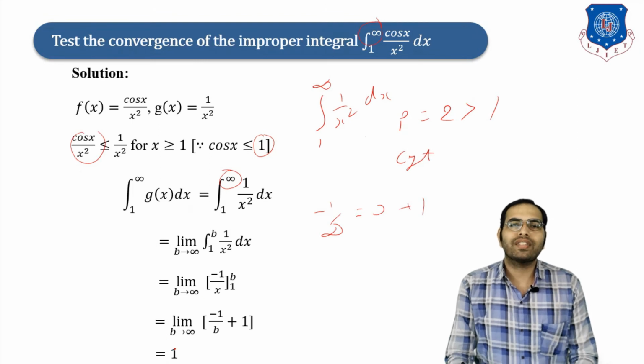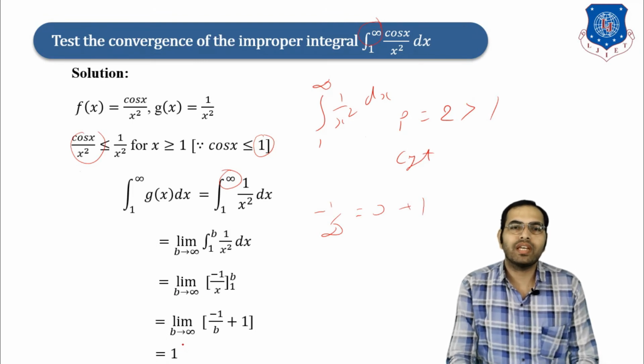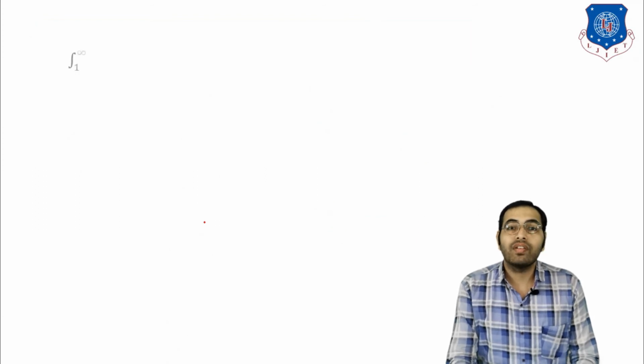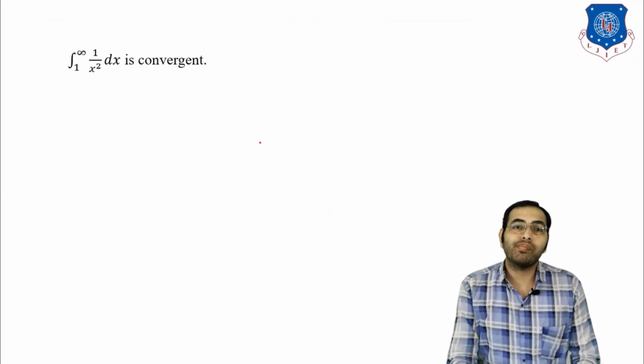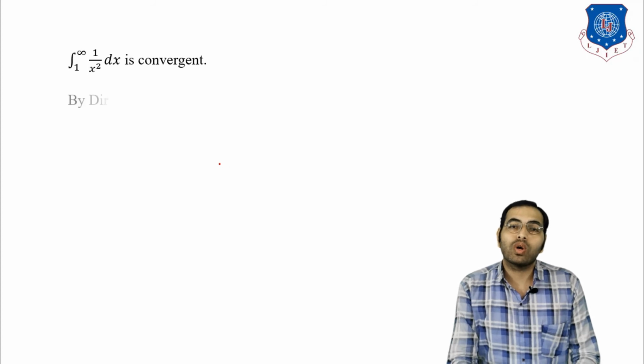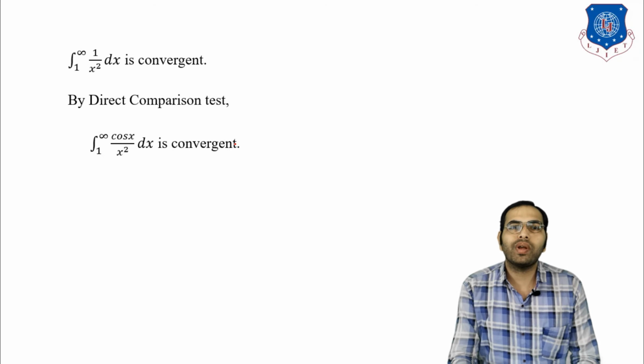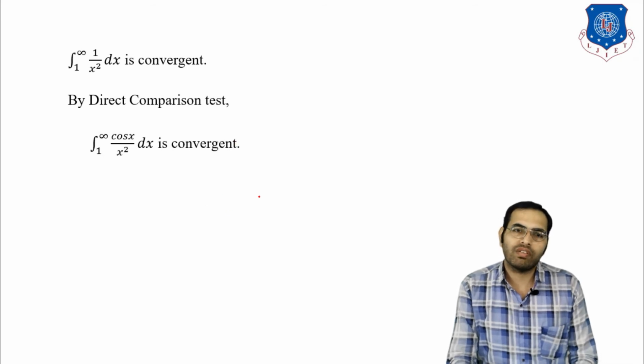Here our answer is finite, meaning the integral from 1 to infinity of 1 upon x square dx is convergent. Then according to the direct comparison test, the integral from 1 to infinity of cos x upon x square is also convergent, because g of x is convergent, so automatically f of x is also convergent.